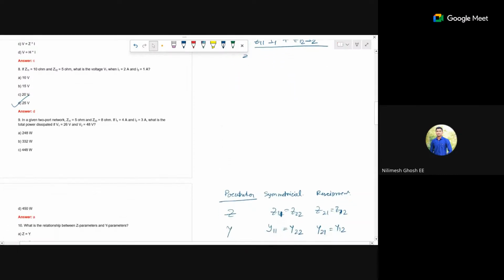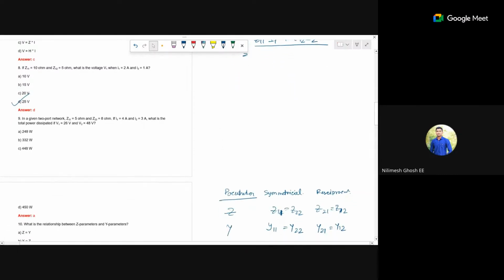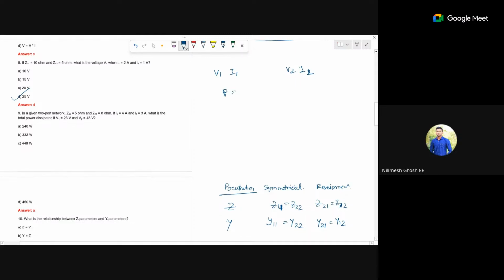Now solve the ninth one. If we calculate V1 and I1, and V2 and I2, the total power will be V1 I1 plus V2 I2, right?